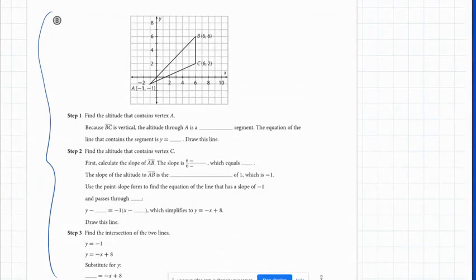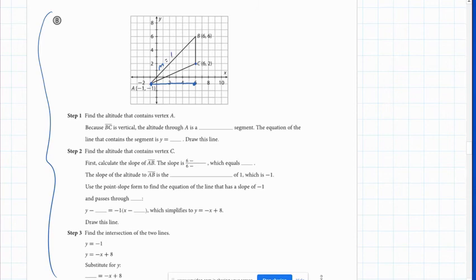So this one, since this side is vertical, the altitude from A is going to be perpendicular to that, which is going to be horizontal. So there is the altitude from A. Okay, now to do the altitude from vertex C, we need to pay attention to this side opposite.